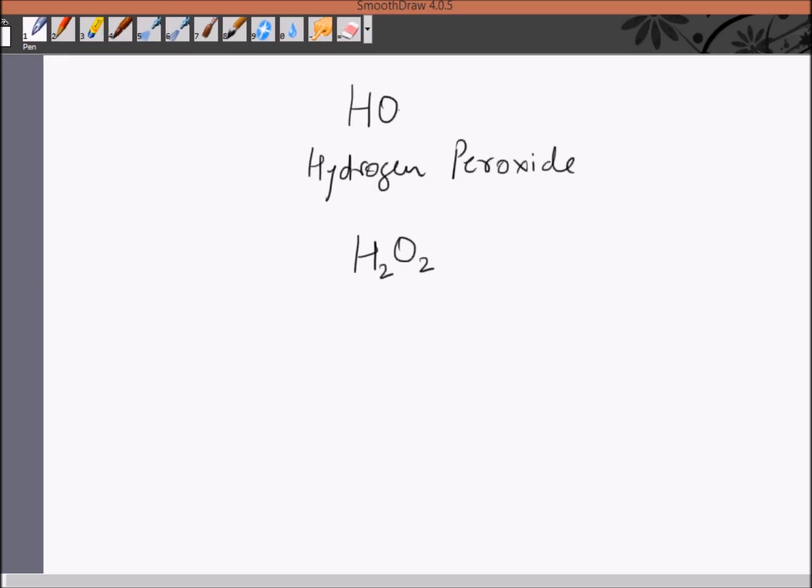Let's write down. This is empirical formula. Repeatedly I am telling you it is the lowest possible ratio of two elements present in a compound, right?